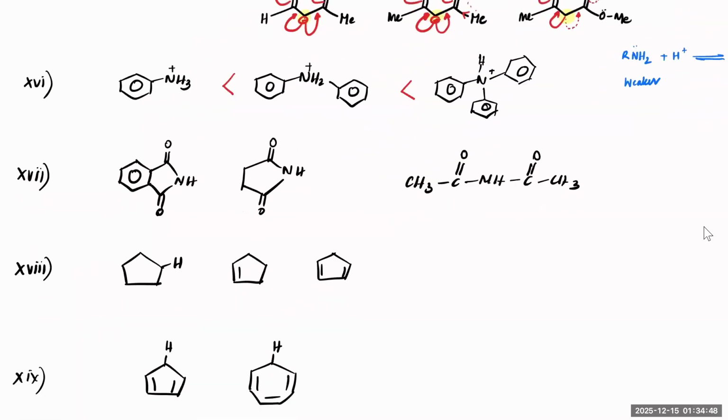Next one. If you compare the amide forms here, generally in amides, removing this H plus is easier because the negative charge that comes on nitrogen can push into resonance, and it happens in both directions. Here also the resonance could be observed in both directions.